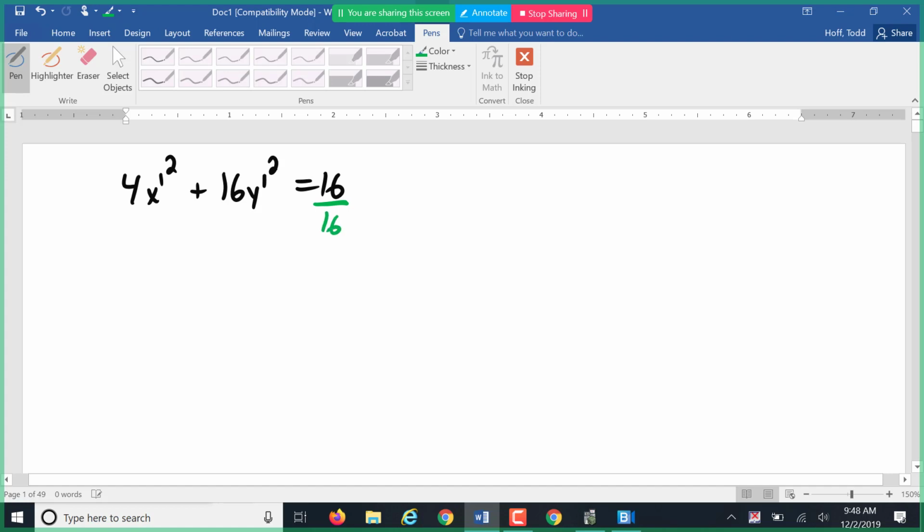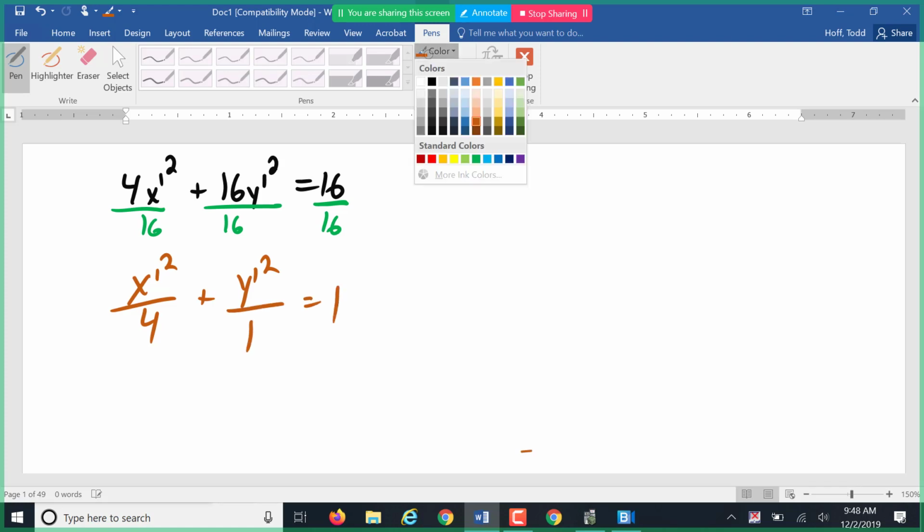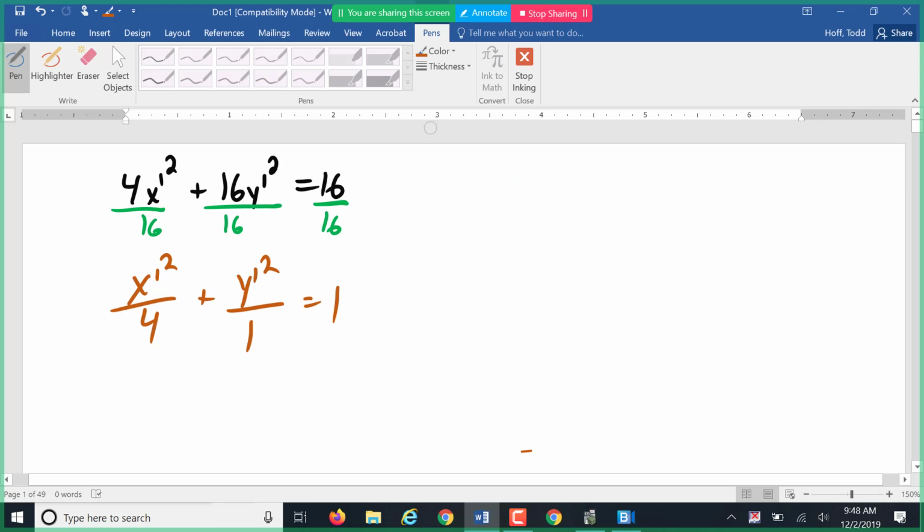So we're going to divide by 16 to make that equal 1, which means we divide each piece on this side by 16. 4 over 16 is 1/4, so this is x prime squared over 4. 16 over 16 is 1. So I'm going to write this as y prime squared over 1 equals 1. And now we could graph.